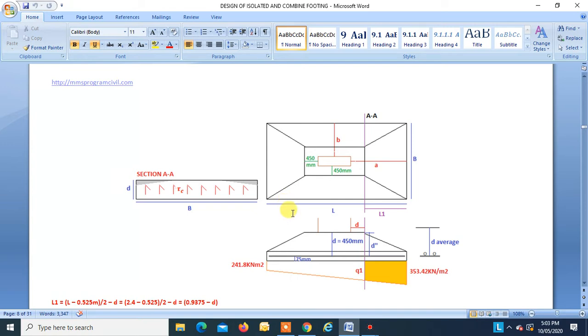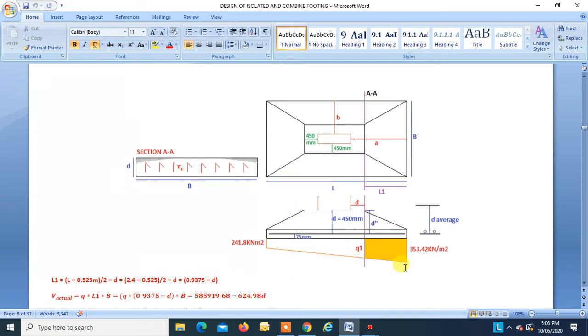Now the second equation we can get is another shear force, the actual shear force due to this upward soil pressure, and that should be less than this allowable shear force. If it is not less than, then you will have to increase the D or percentage of steel.